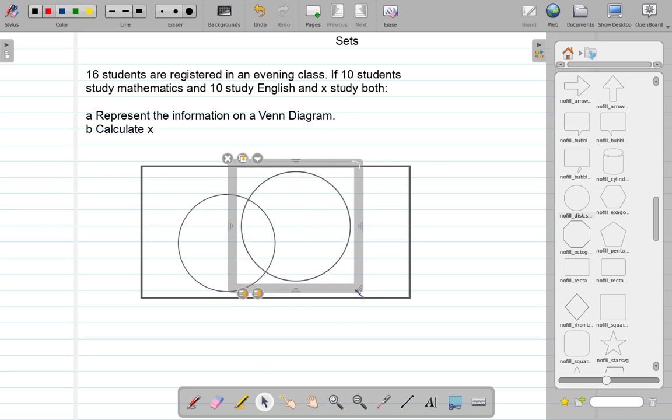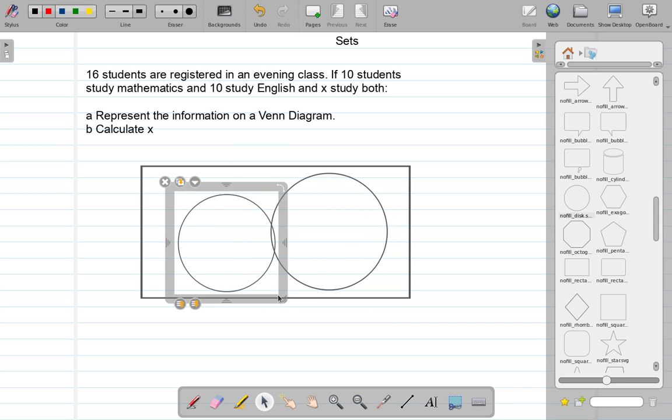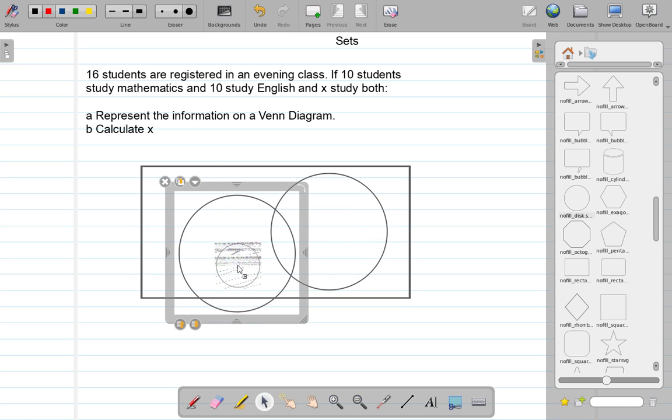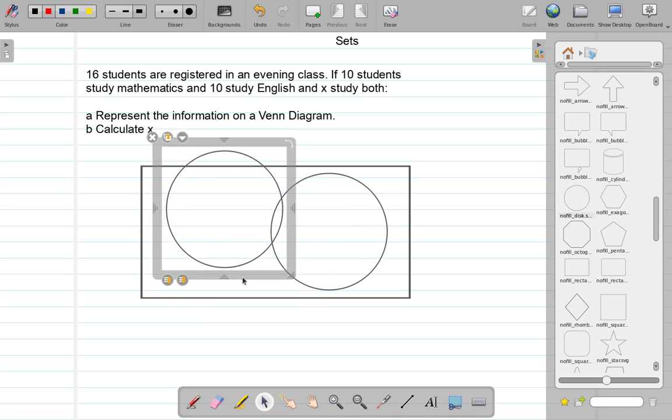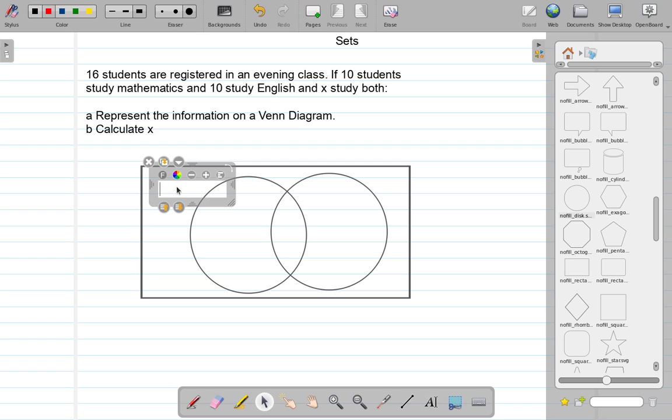Alright, let me get it a little bigger over here, and then this one, put it here. Okay, good. So I have M to represent mathematics and E to represent English.